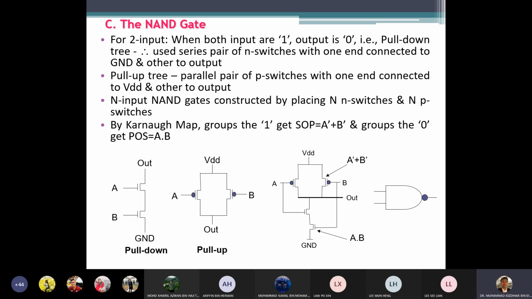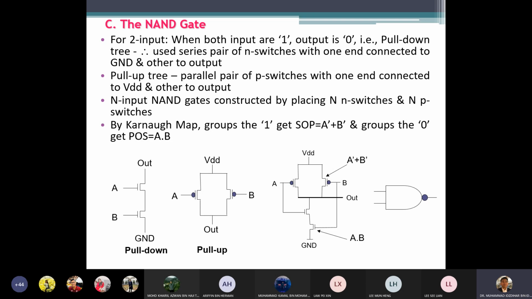Okay. Since you know that, for the pull-up network, you must have the other way around, the complement. So your P switches must be connected in parallel. One end is connected to VDD and the other is connected to the output, because when you give 1, the P channel will turn off.